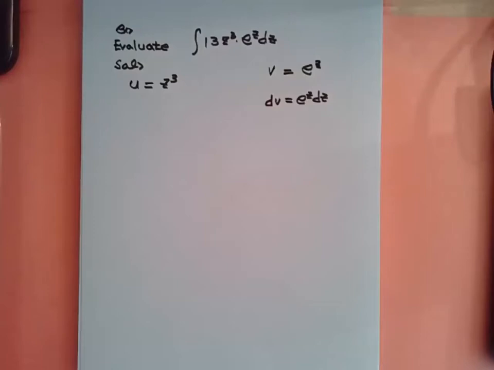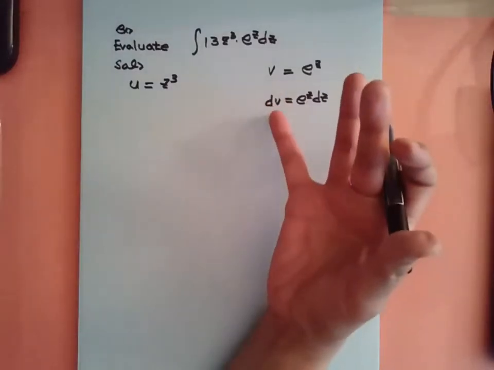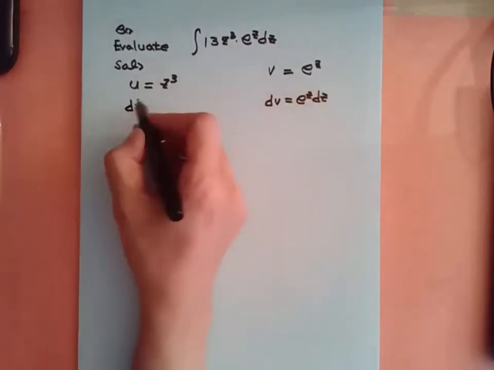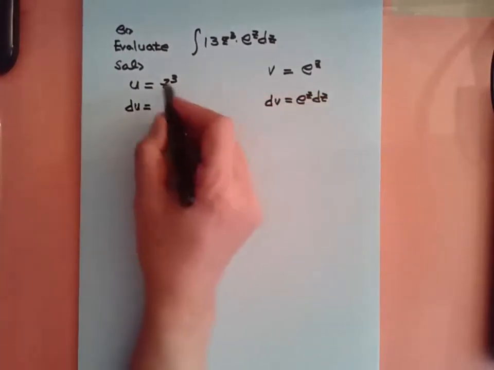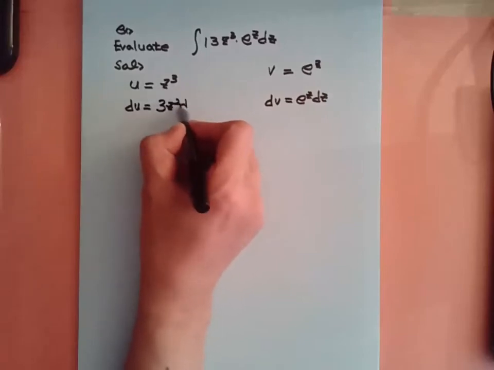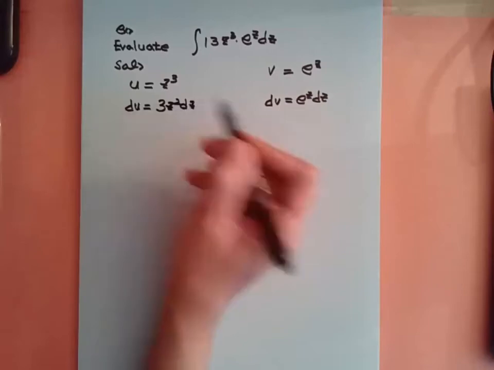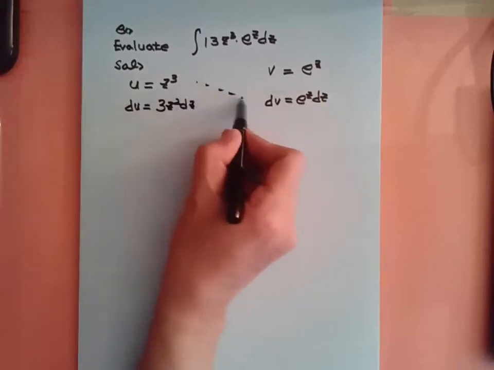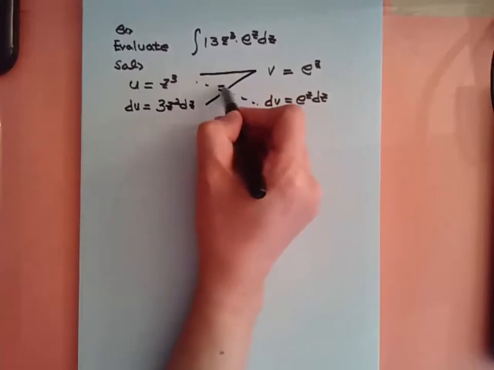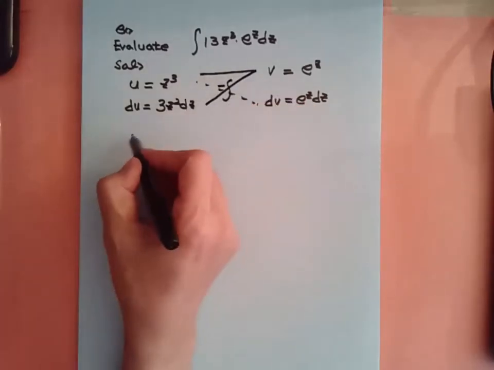So whenever you see sine or e to the z, then it tends to be dv. And if we differentiate u, then we have 3z squared dz. And then that is uv minus integration v du.